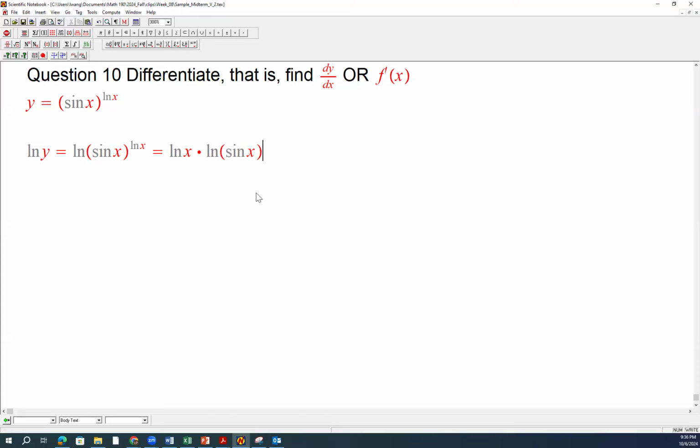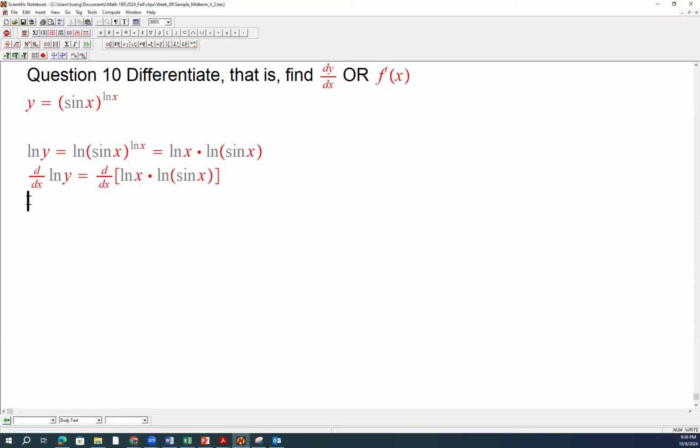So this is a multiplication situation. And take the derivative on both sides with respect to the same variable. So we're using implicit differentiation, which you can call logarithmic differentiation, on this product.